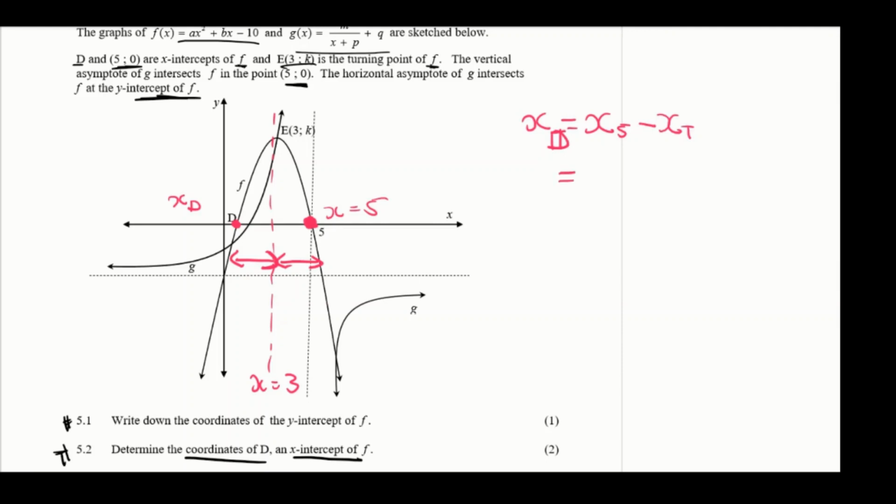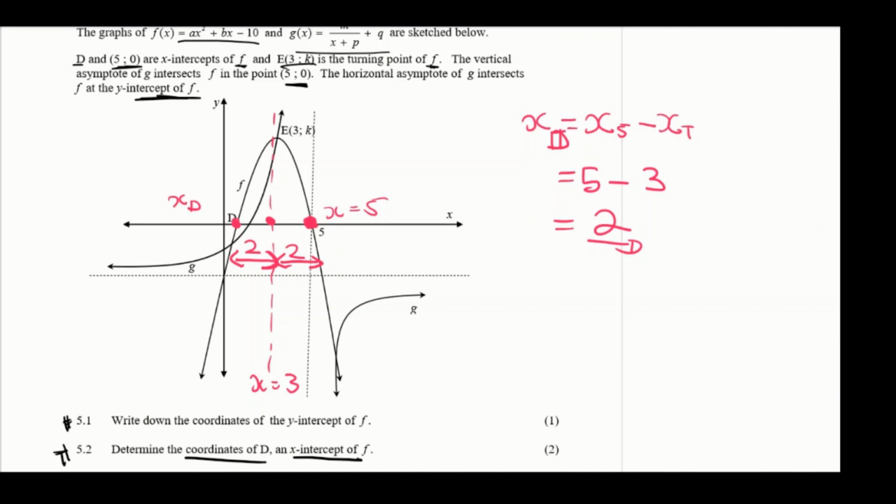So 5 minus the x value of the turning point, which is 3, we're going to get 2. So we know very well that the difference is actually 2 between x, which is equal to 5, and the turning point, and the turning point and x of D.